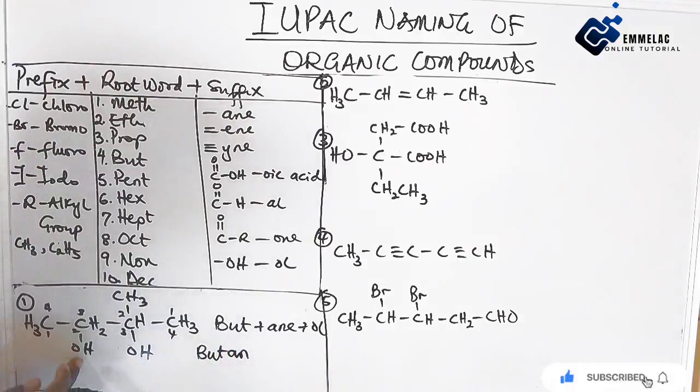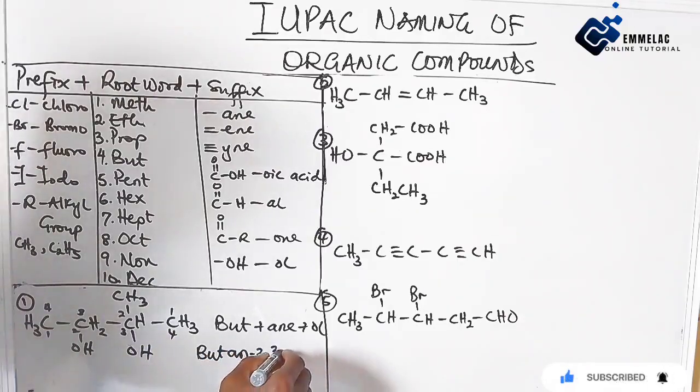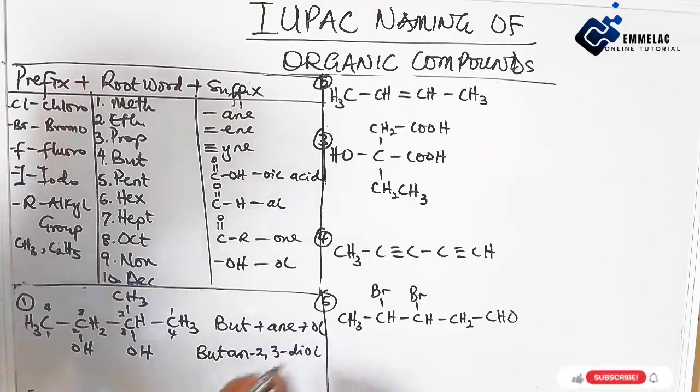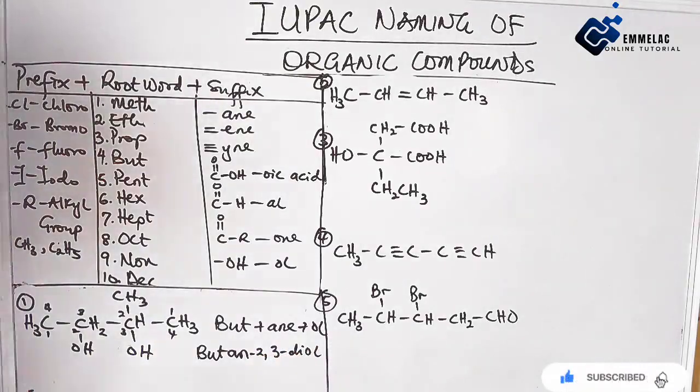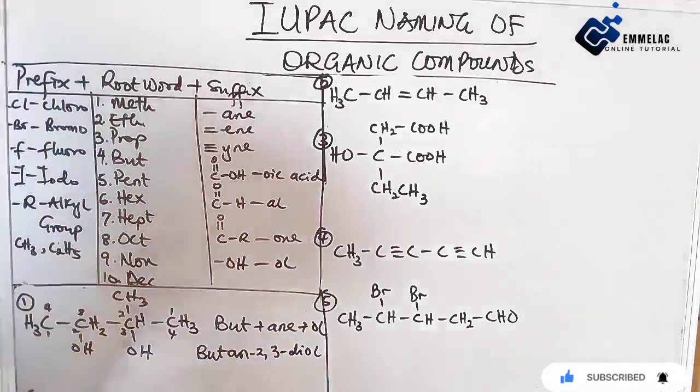Now the position of this will be 2, 3 diol. Now for the prefix here, which is methyl, what do we do?